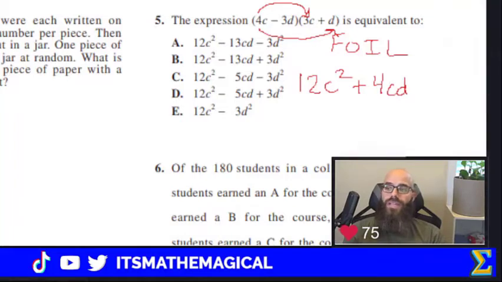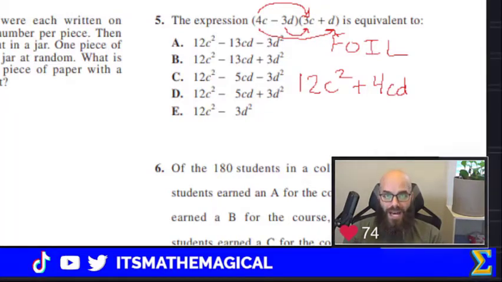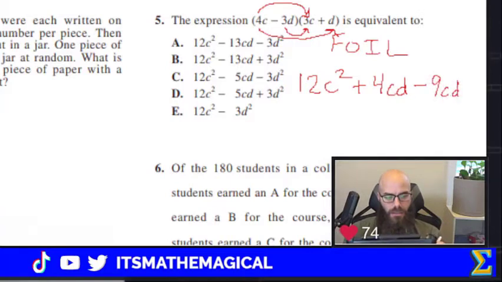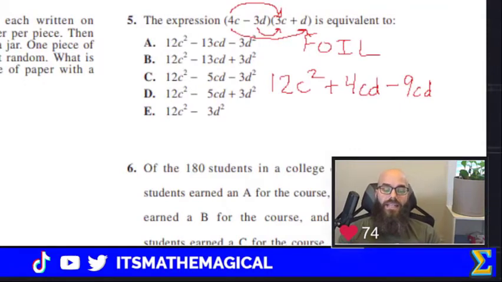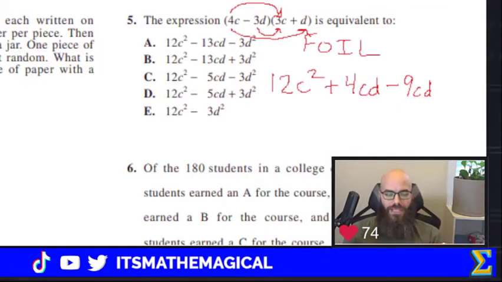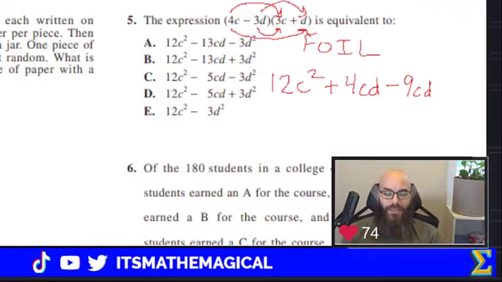Now we're going to go to the inner terms. Negative 3d times 3c is minus 9cd. Let me scroll over. And then last, L, is negative 3d times positive d, which would be a negative 3d squared.